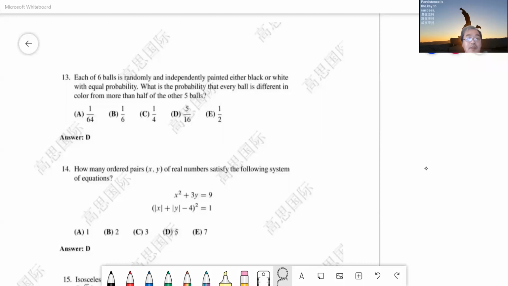Question number 13. Each of the 6 balls is randomly and independently painted either black or white, with equal probability. What is the probability that every ball is different in color from more than half of the other 5 balls?